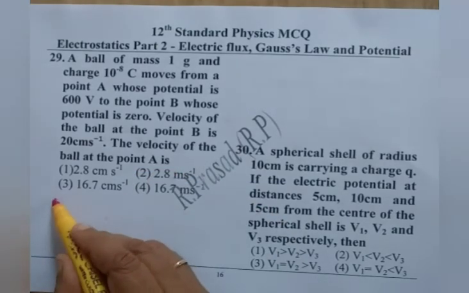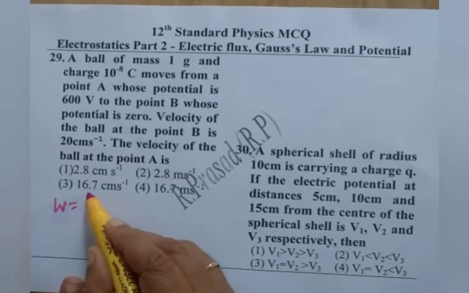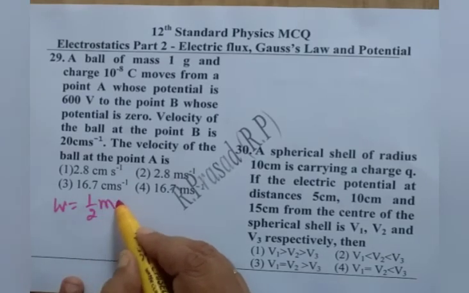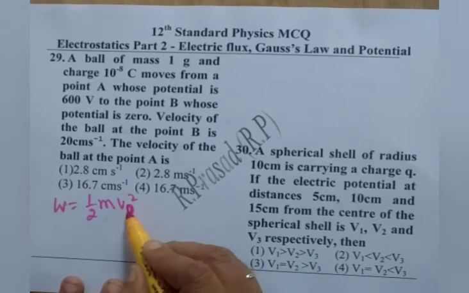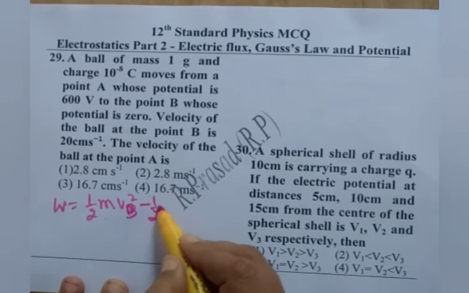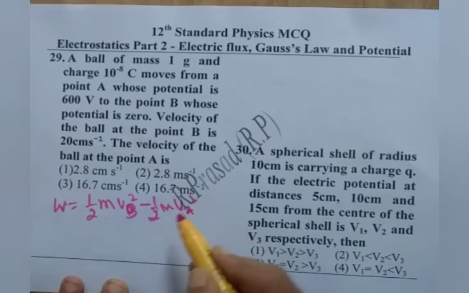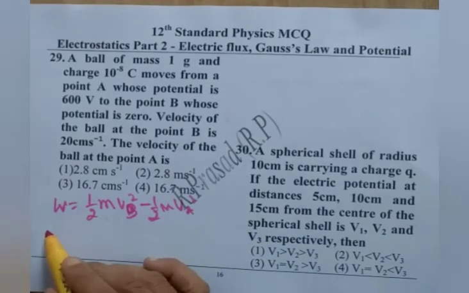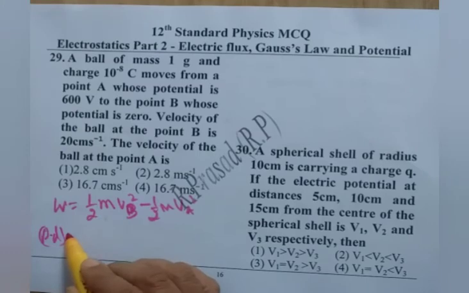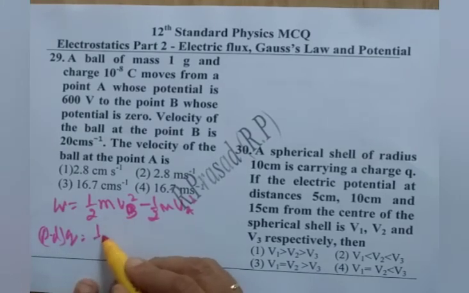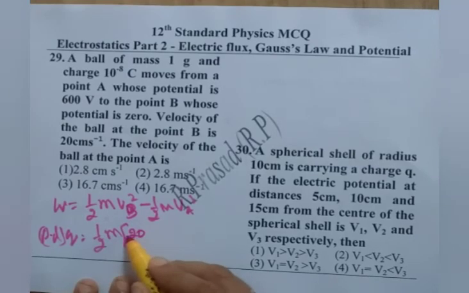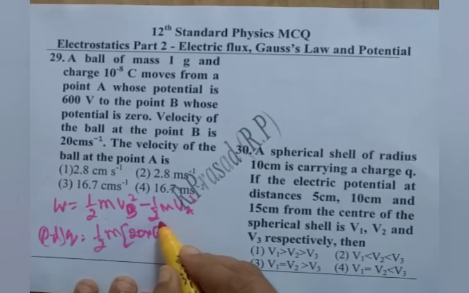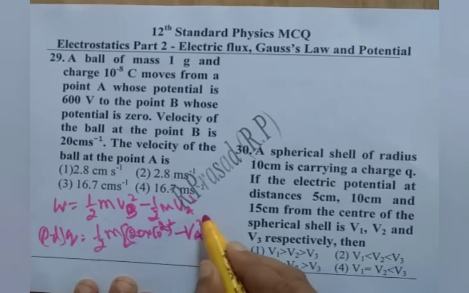That means work done is nothing but change in kinetic energy. Half m Vb square minus half m Va square. But what is the work done? Potential difference into charge moved. Here we can take half m out. Vb square, Vb is given 20 into 10 raised to minus 2 whole square because centimeter is given, minus Va square.